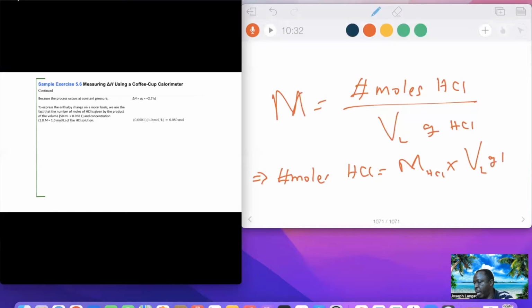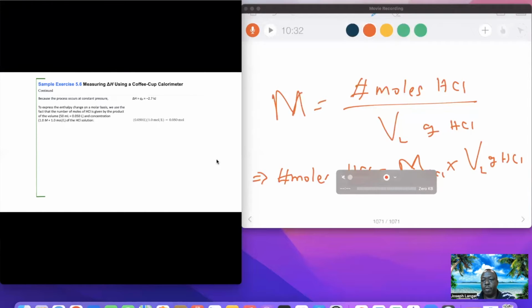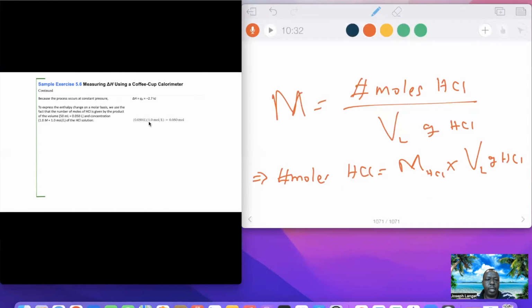So we had to change the volume to liters. Molarity, we were given, and this is the number of moles.